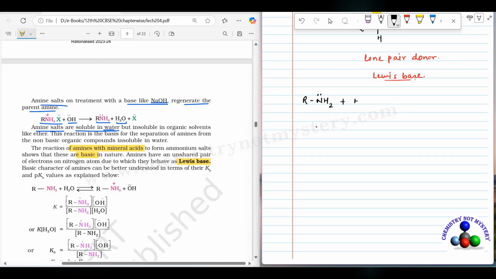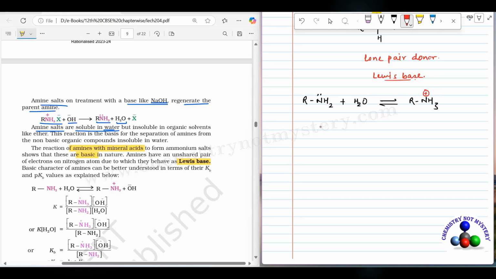When it reacts with water molecule, it undergoes dissociation. So here you will get RNH3 positive as nitrogen abstracts H plus from the water molecule, or you can say water donated H plus to amine.